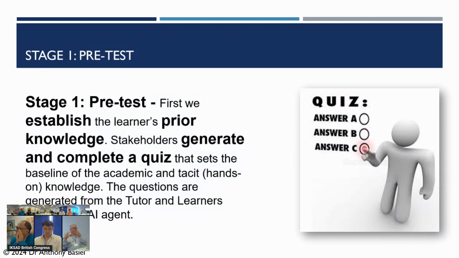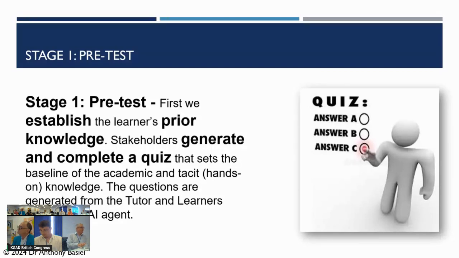So, as I say, with the pre-test, what we want to do is establish this prior knowledge. What do the people come into the learning experience with before? So it's not tabula rasa, it's not blank slate. With a pre-test that can be generated either by the tutor or the learning facilitator, they can put together a type of multiple choice quiz type question.